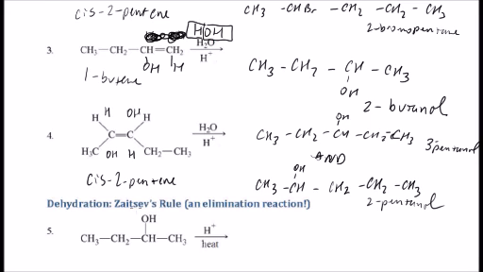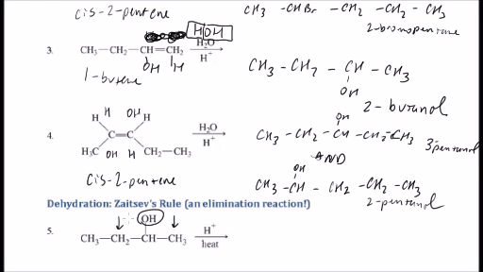All right, so dehydration. For this, we're going to lose water. And obviously, the OH part of water is going to come from this alcohol. Now the question is, where is the hydrogen going to come from? Is it going to come from the terminal carbon, or is it going to come from this interior carbon?